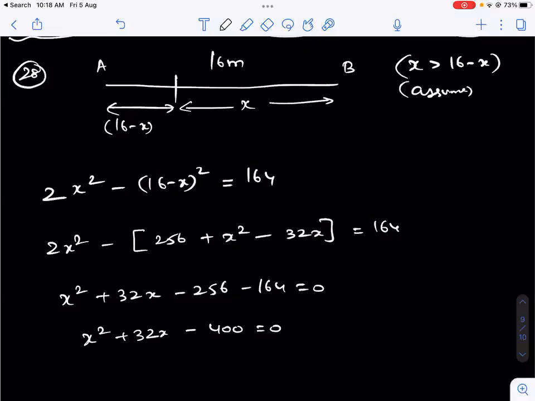So I'm just trying to verify by taking the product of both. So 11 into 5 is 55. 9 into 7 is 63. 12 into 4 is 48. 10 into 6 is 60.